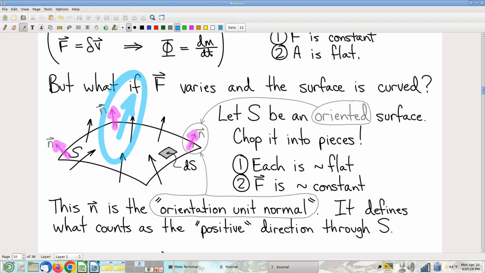This is the flow of the fluid going up through this surface, because this normal vector is pointing that direction. This is the direction of flow through the surface that will count as positive.